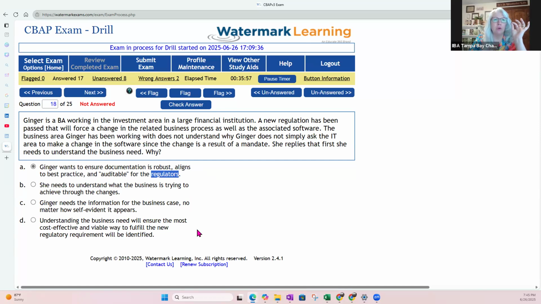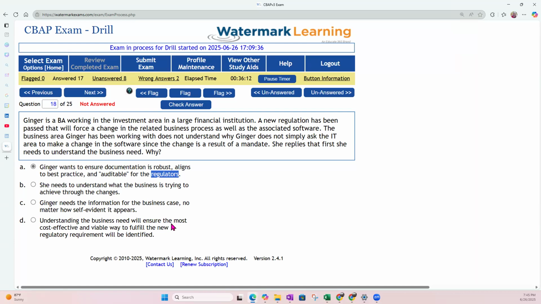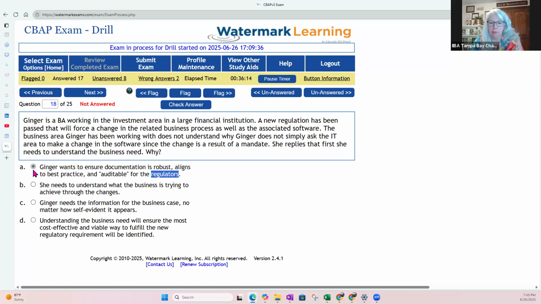Understanding the business need will ensure the most cost-effective and viable way to fulfill the new regulatory requirement will be identified. Which one is the right answer, do you think? A. Why not B?